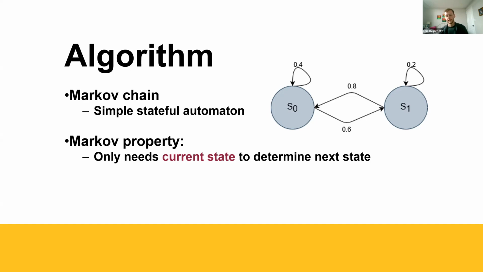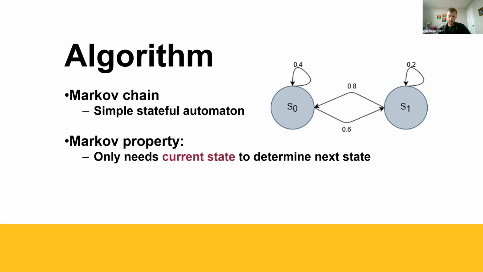So let's take this example here. We've got two states, S0 and S1. If you're in S0, all you need to determine what state you're in after the next time step is what you already have given S0. So you have transition probabilities, which are shown here.